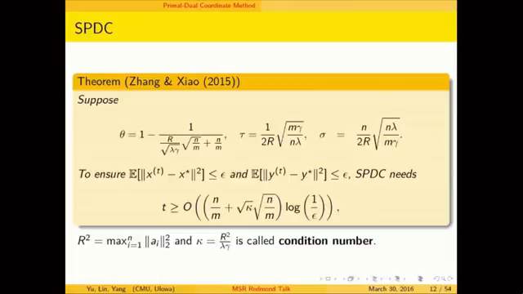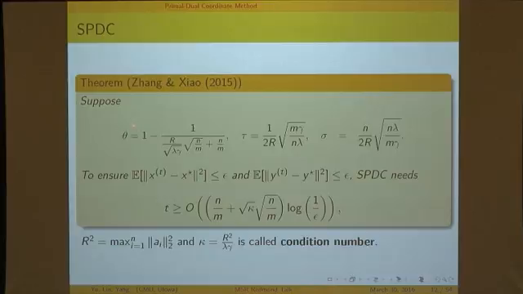In their paper, they show that if they choose a proper step size, then their convergence rate looks like this, which has a dependence on log 1 over epsilon, which means that their convergence rate is linear, and their dependence on the condition number kappa is square root, which means that it is an accelerated algorithm.